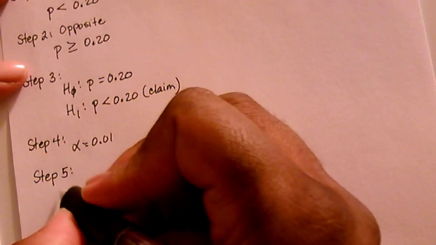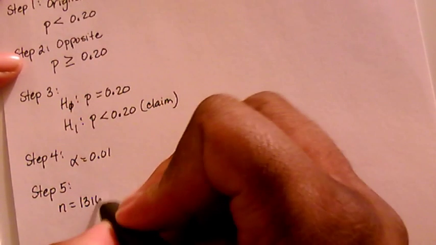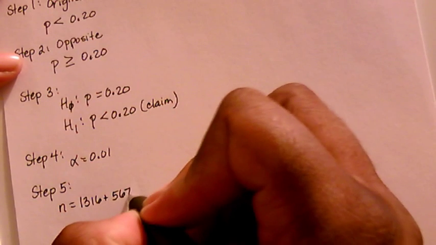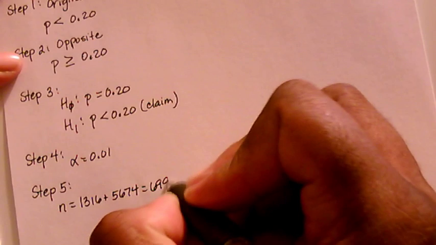And then step number 5 is calculating the test statistic. Alright, now let's look at our sample data that we have. The N is this. You got 1,316 pumps that were not pumping accurately and 5,674 pumps that were accurate. So add 1,316 to the 5,674 and you will get 6,990.